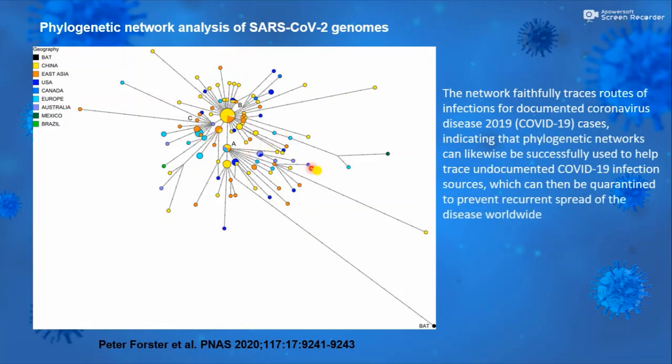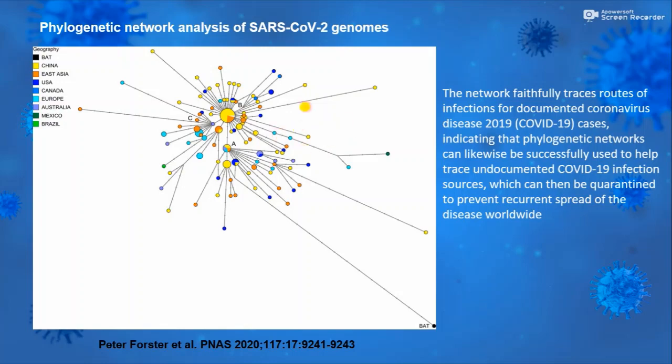Their conclusion in this work was that the network faithfully traces routes of the infection for documented coronavirus cases, indicating the phylogenetic network can likely be successfully used to help trace the undocumented COVID-19 infection sources, which can then be quarantined to prevent the recurrent spread of disease worldwide.